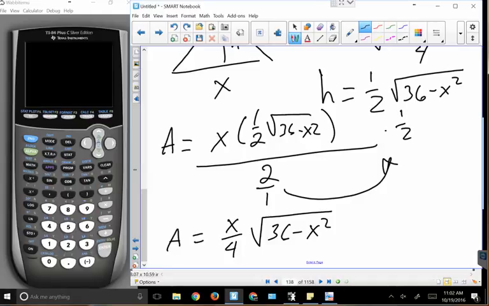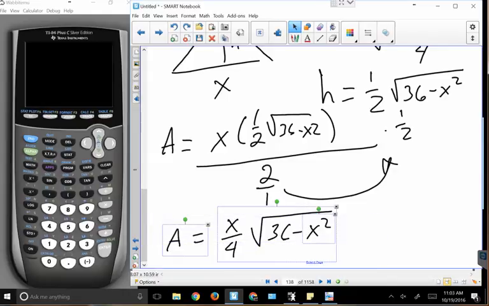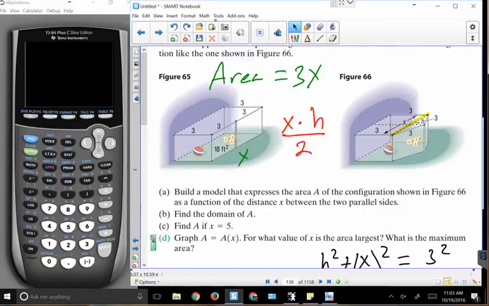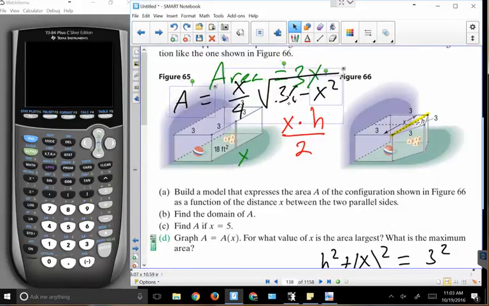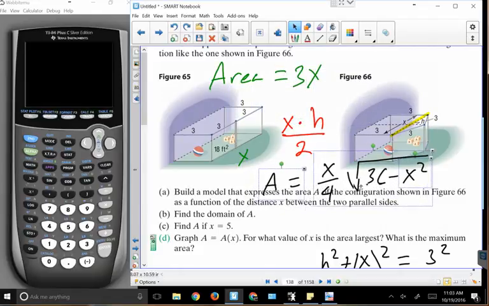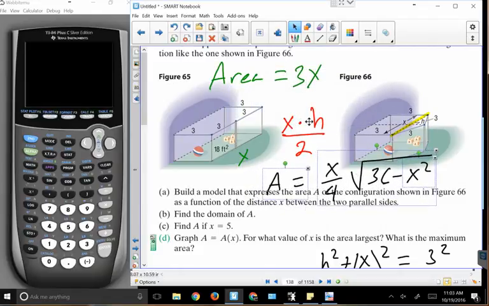Now, we've got this little bit of information. We are going to need to have that all the way back up here. So we said our area before was x times h divided by 2. Now I've been able to put in h in terms of x. So what we end up with is the following.